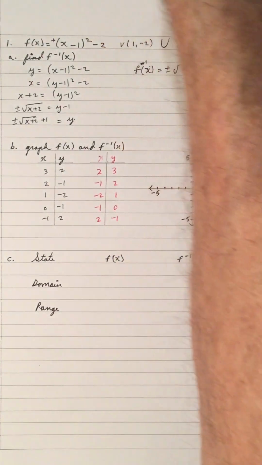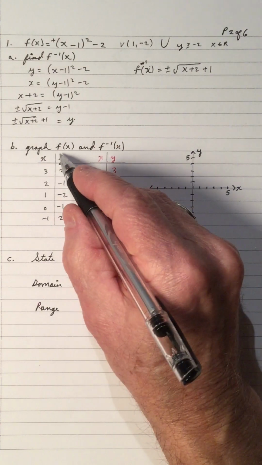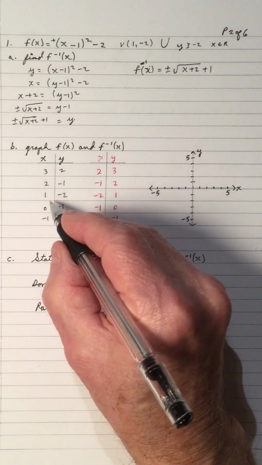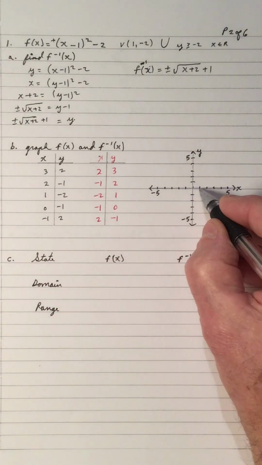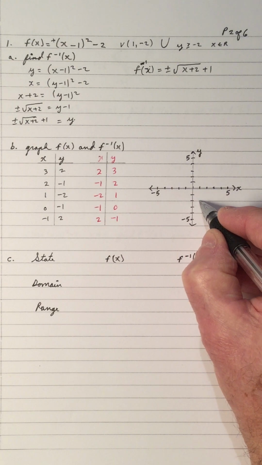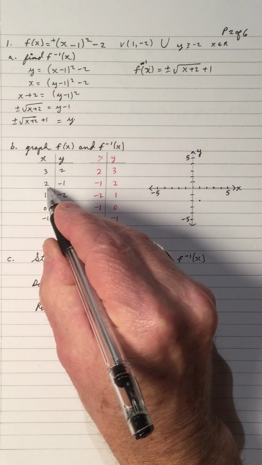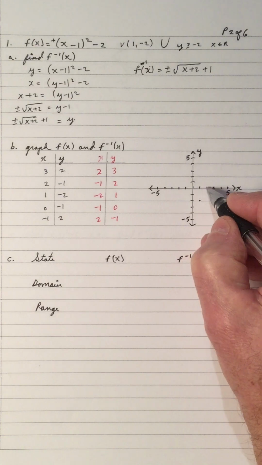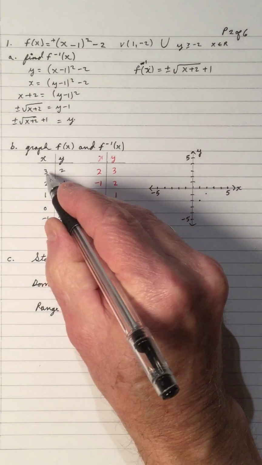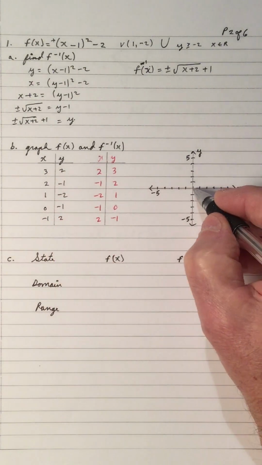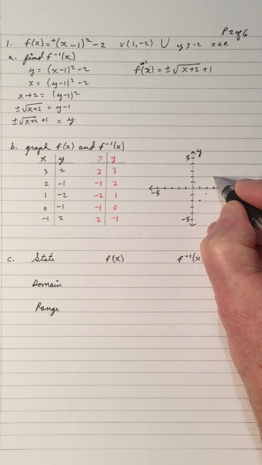Now, let's graph the original f of x. So the vertex is 1, negative 2. So when x is 2, y is negative 1. When x is 3, y is 2.